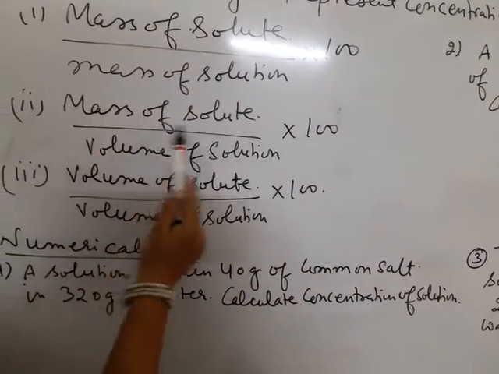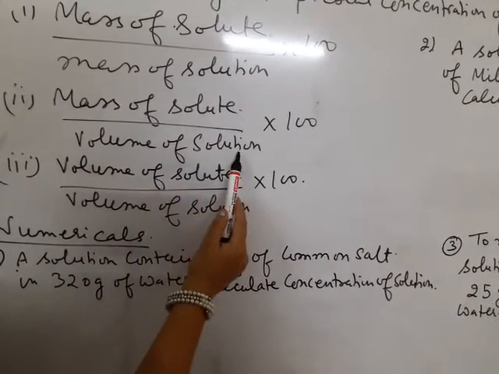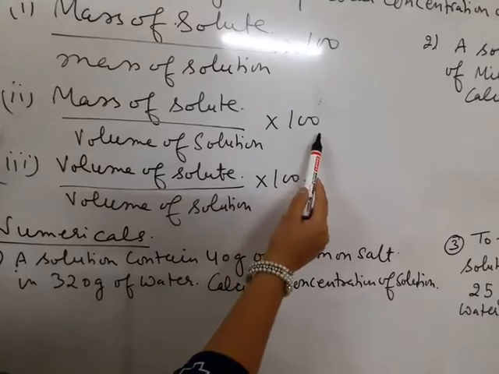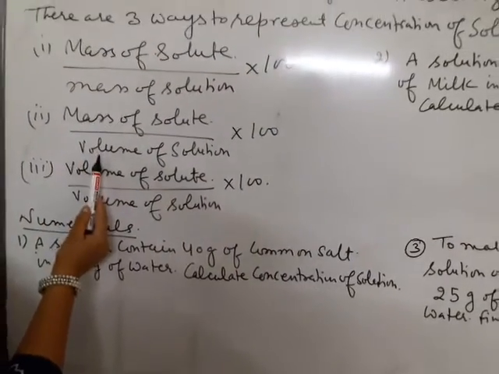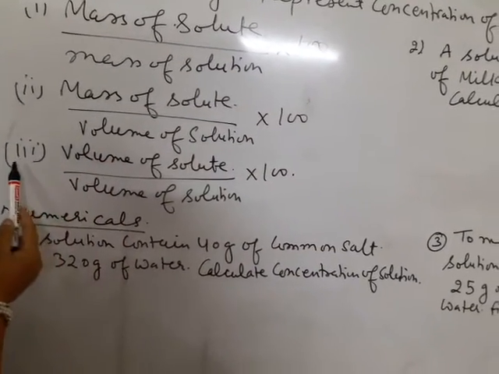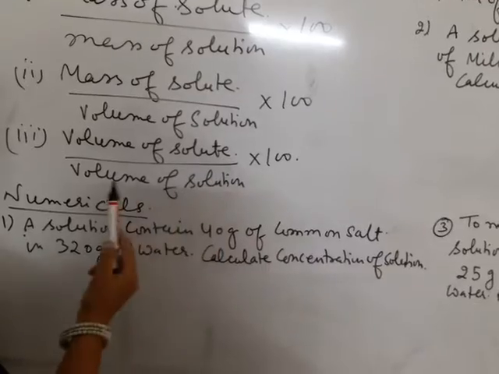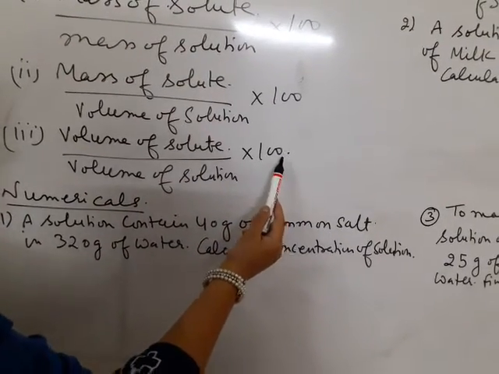Second is mass of solute upon volume of solution into 100. Mass is measured in grams or kilograms, but volume is measured in milliliters or liters. Third is volume of solute upon volume of solution into 100.